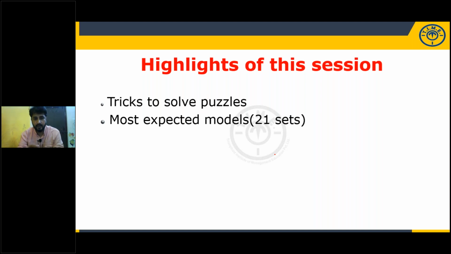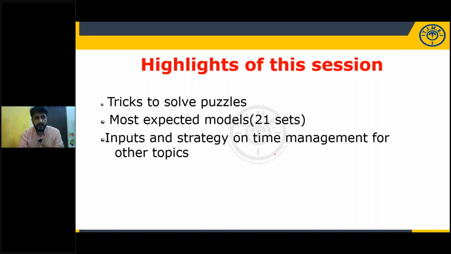I will show you the screens so that you can take screenshots of that. And also we'll discuss the other topics like coding, decoding, blood relation, direction sense, and miscellaneous kind of questions. What kind of questions they will give you, what are those topics, and how many marks they have given in recent years, that also we can see.